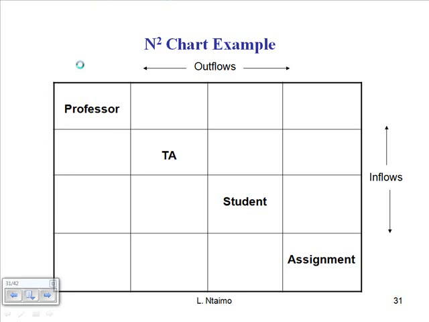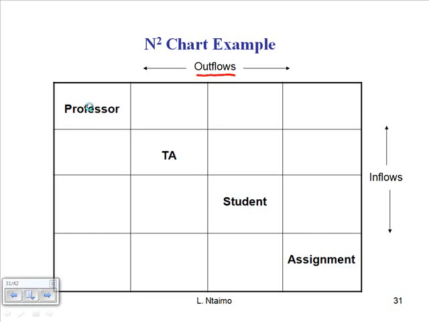So in the leading diagonal, I have my entities, okay? And I need to enter the interchanges or relationships in the other cells. So for the cells in this direction, I'm going to enter the outflows. The outflows represent what's coming out of these entities.